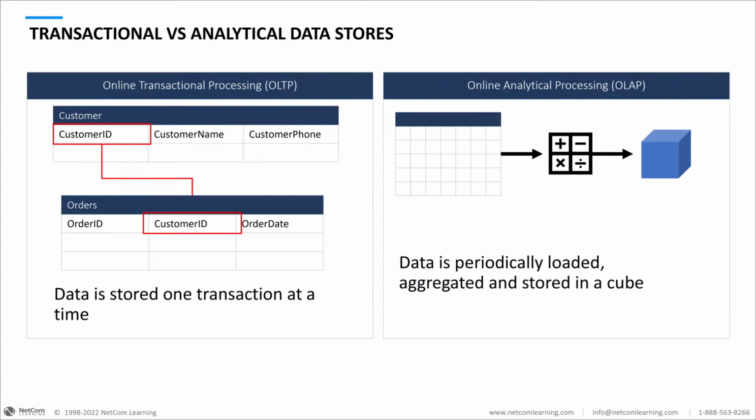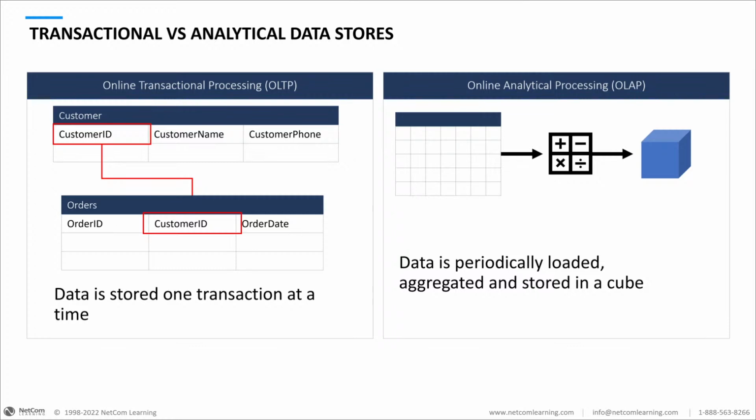The first thing we need to look at is the concept of transactional versus analytical data. An OLTP, or online transaction processing database, is generally what we would refer to as your live system. This is the one that everybody would be connecting to, putting all their data in.